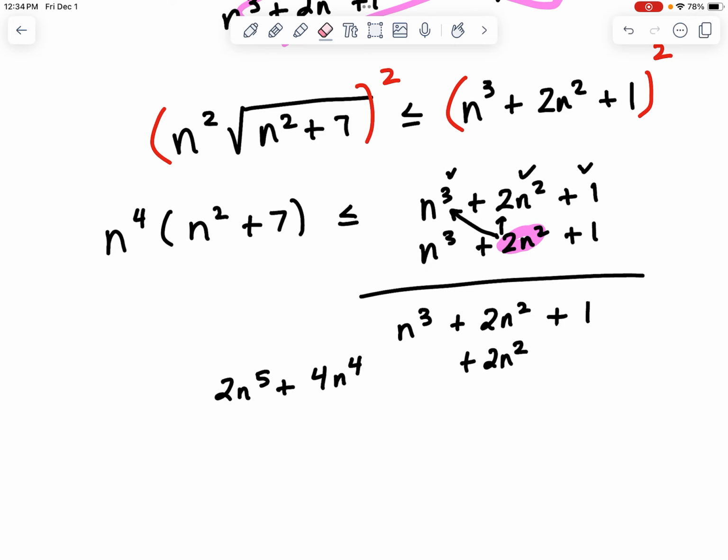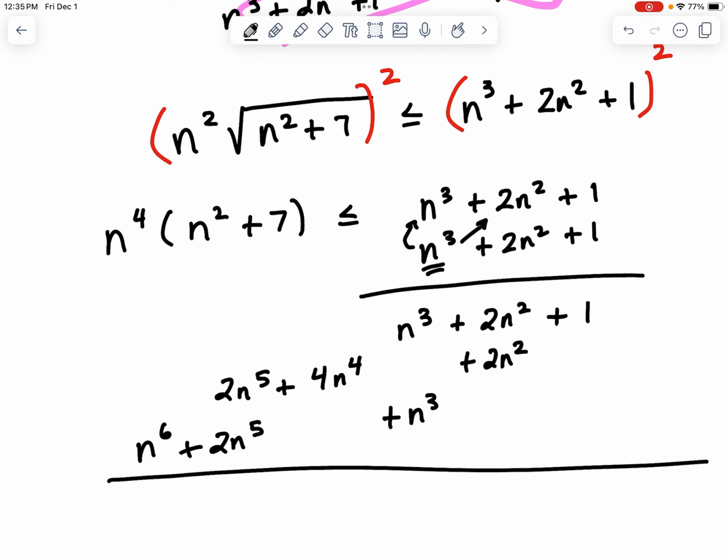All right, now we just need that last term. So now multiply everything by n cubed. So n cubed times 1 will be plus n cubed. And then n cubed times the 2n squared is 2n to the 5th. And then finally, n cubed times n cubed is n to the 6th.